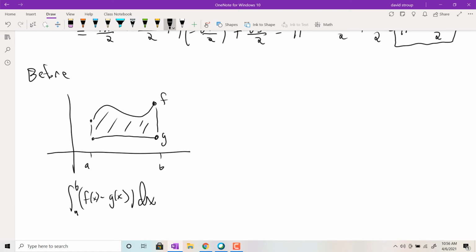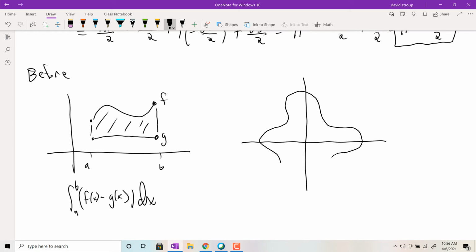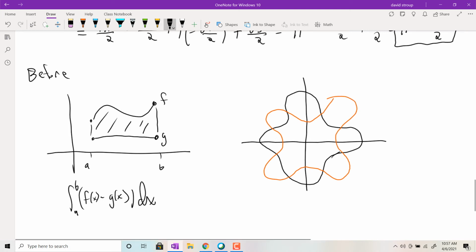Okay? In order to do that with the polar curves, we can imagine some crazy scenario. So I'm going to draw a 4-leaf clover type deal. Then another 4-leaf clover, kind of going like this instead. Let's say, for instance, we want to know the area.